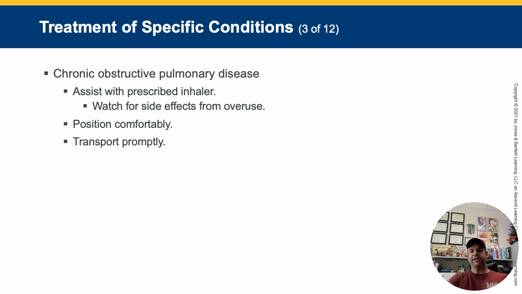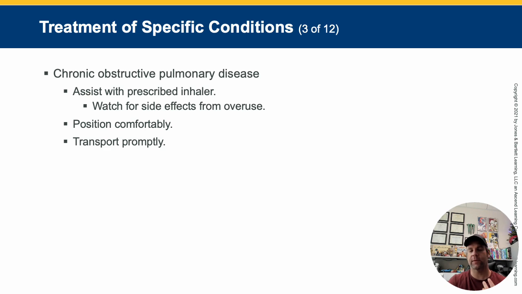When you're managing a patient with COPD, though, it's important to remember that they live life in a compromised respiratory function every day. So when they call 911, it's usually because they've entered an exacerbation period, which just means that their usual symptoms, like cough and shortness of breath, have worsened beyond what they can manage. For those patients, you still want to start by providing oxygen, but be mindful of your flow rate.